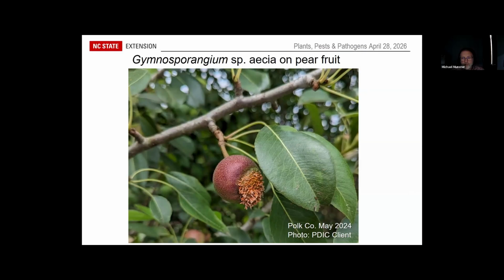I know that it is reported on pear, but I would have to withhold judgment on exactly what is the particular Gymnosporangium that we see when we do get it on pear. And of course, on our Callery pears, the ornamental pears, it is quite common with both fruit and stem infections with swellings associated. So there are a couple of siblings there of rust fungi that affect our apples and pears.